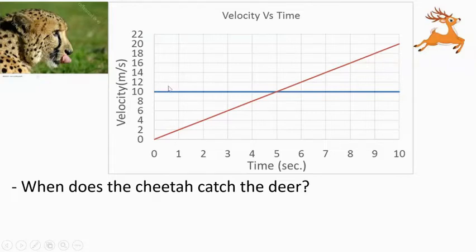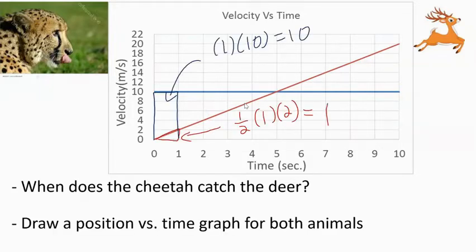Okay, the area under the blue line is going to be a rectangle, so it's going to be base times height. And the area under the red line is going to be a triangle, so it's going to be 1/2 of base times height. So wherever those areas are the same, that means their displacements are the same, which means they'd be in the same spot. So we have to find that time.